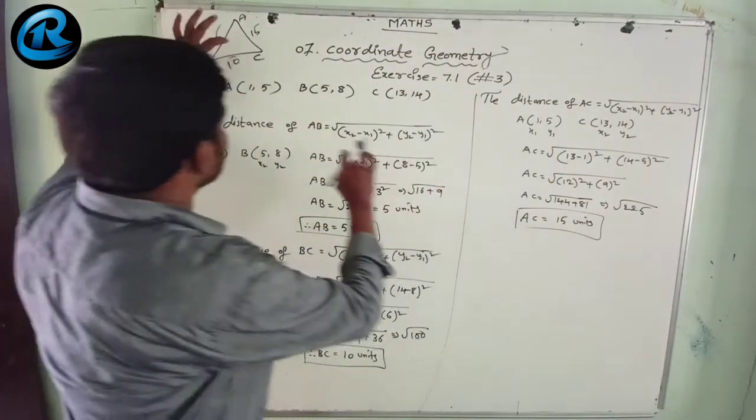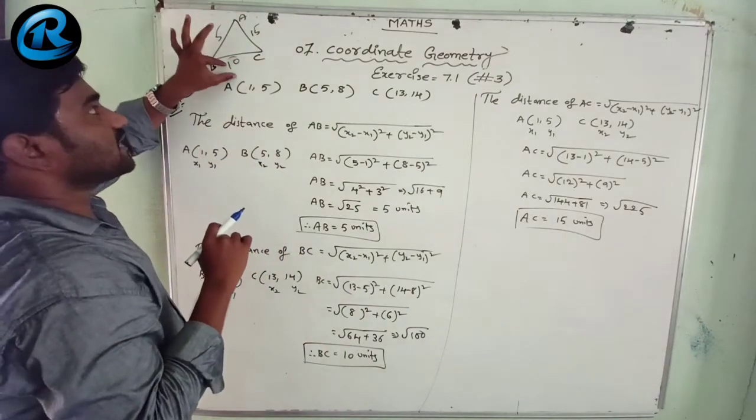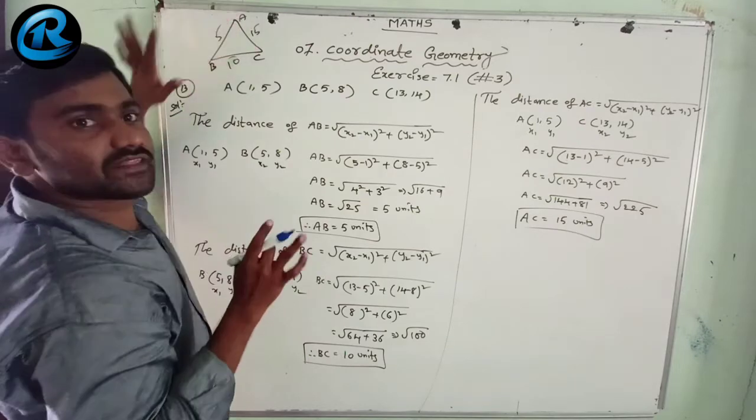Yes. The sum of any two sides should be greater than the third side. Here 5 plus 10 is 15, and 15 is not greater than 15.